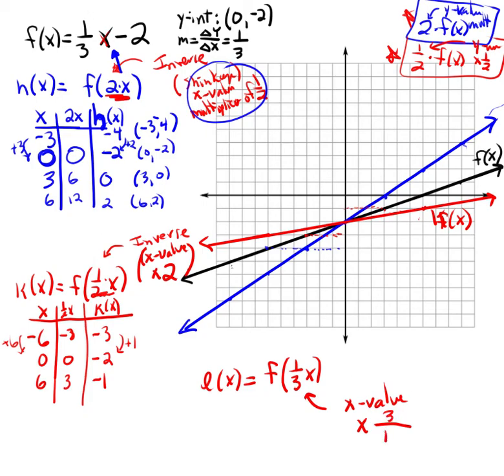Or we could just call it a multiplier of 3, because of that inverse when it's inside. So it's that inverse of that operation, which is that multiplier of the reciprocal.